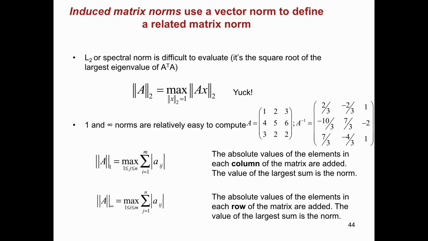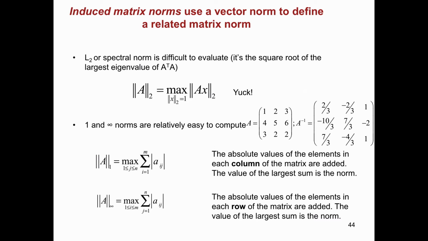However, the 1 and infinity norms are actually relatively easy to compute. So if I have matrix A, let's say this: 1, 4, 5, 2, 5, 2, 3, 6, 2. For the 1 norm, I look at j's, so j's are my columns.